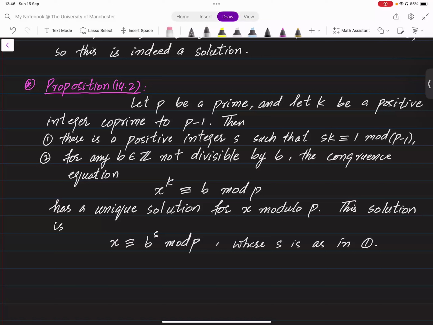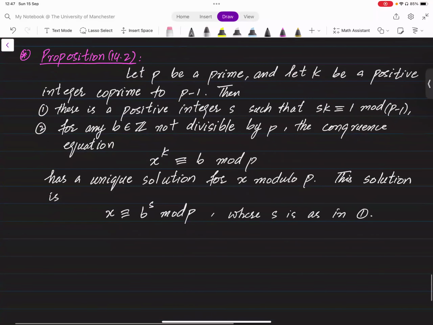Then for any integer b not divisible by p, the congruence equation x power k congruent to b mod p has a unique solution for x modulo p, and this solution is x congruent to b power s mod p. We have defined this s in part 1. We can prove this proposition, so let's prove that.